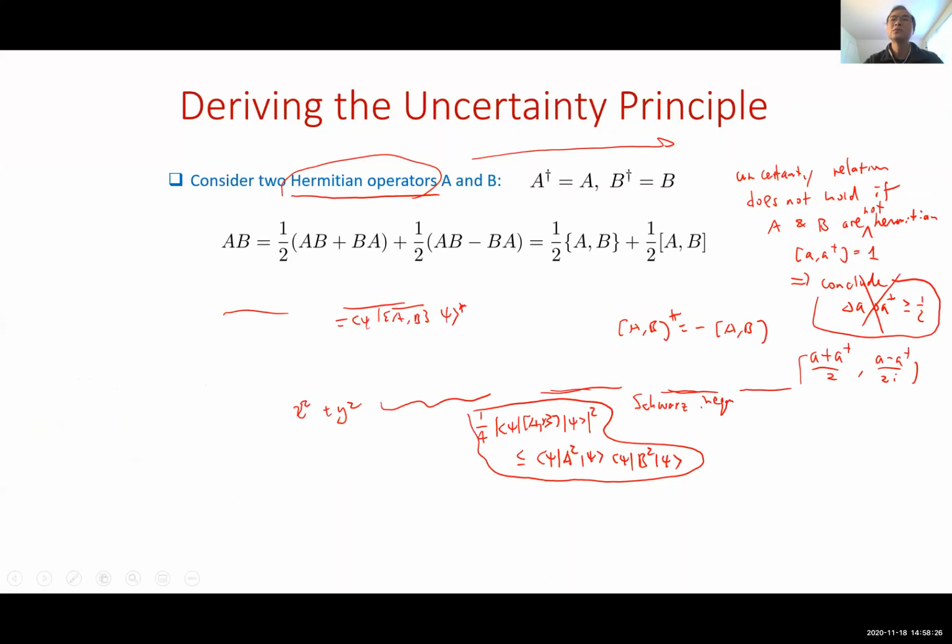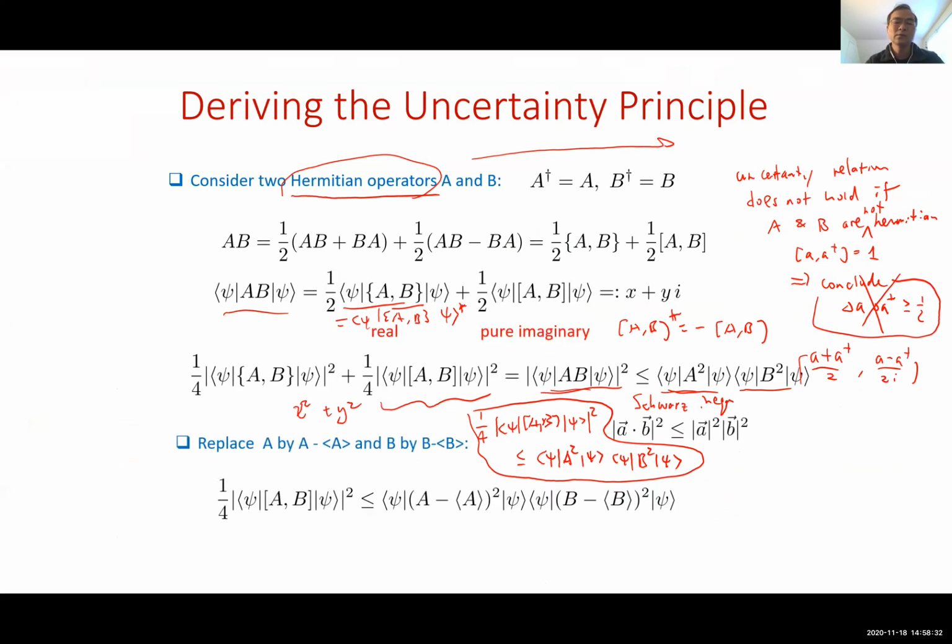Simply replace each operator by itself subtracted by its average. This inequality would hold, and the commutation would be preserved. So A minus its expectation value, B minus its expectation value.